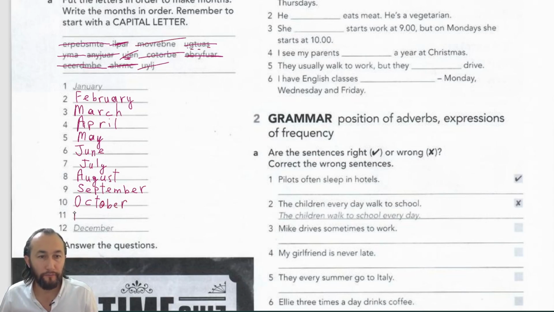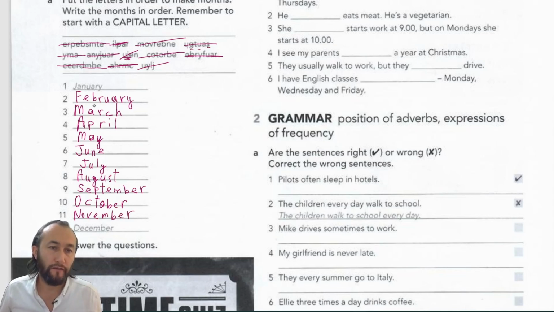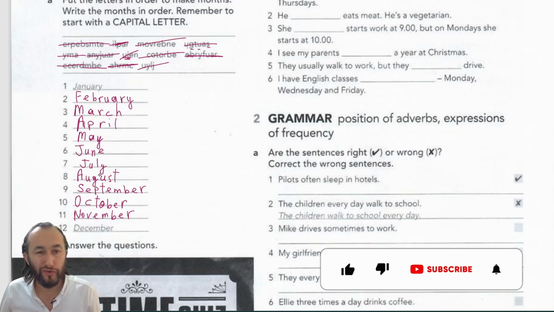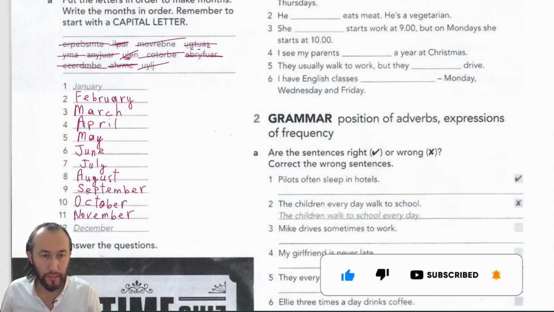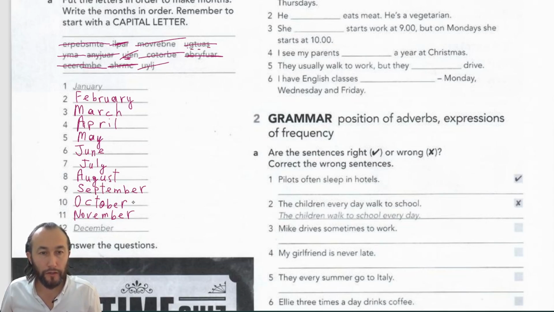So January, February, March, April, May, June, July, August, not Augustus, no, August. All right, guys, August, September, October, November, and December, guys.